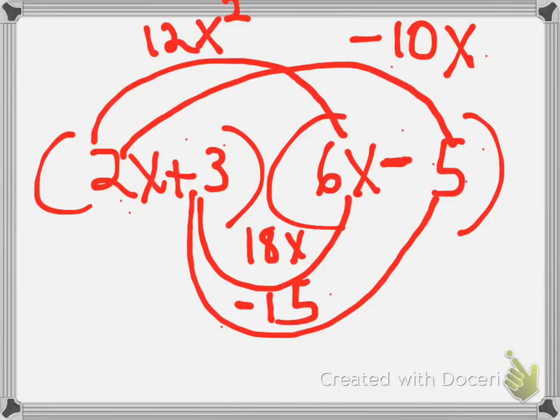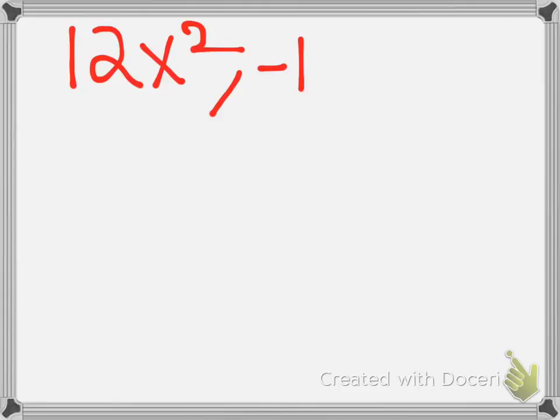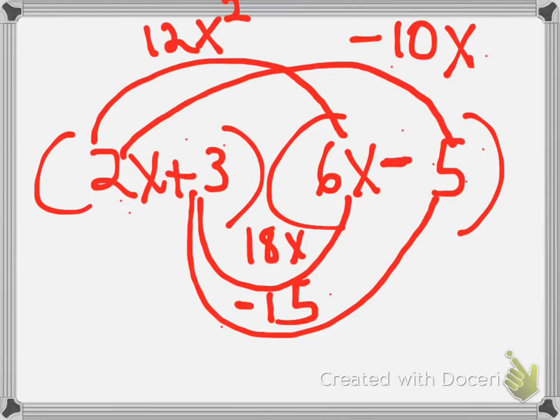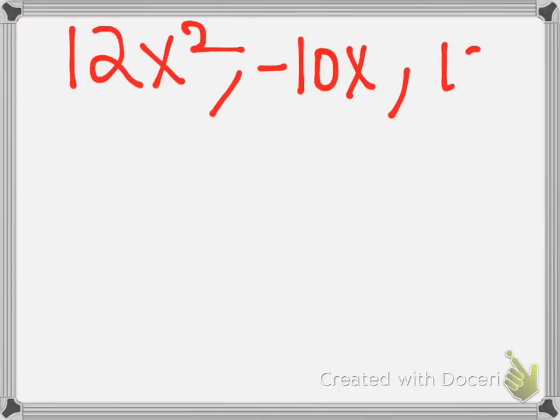So, now we'll just list all the terms out. You don't have to list it out, but I think it's a little easier to do it that way. 12x squared, minus 10x, 18x, and the last term is negative 15.